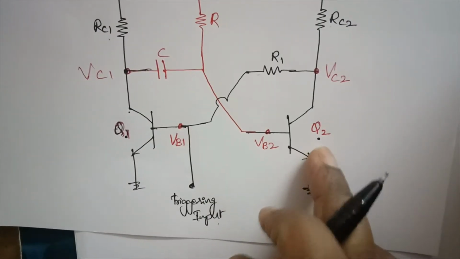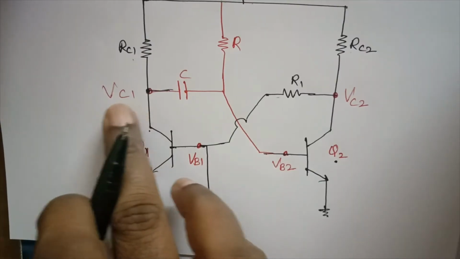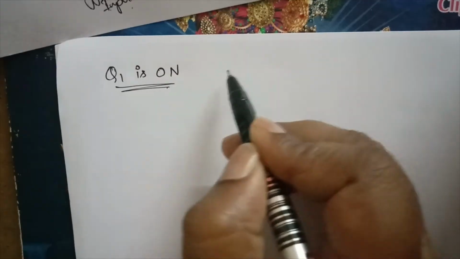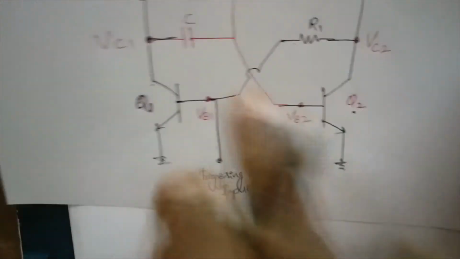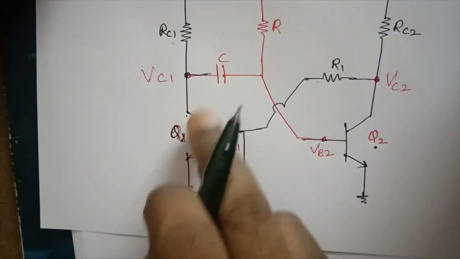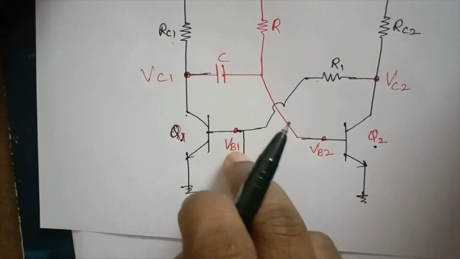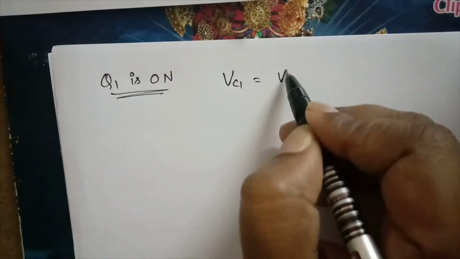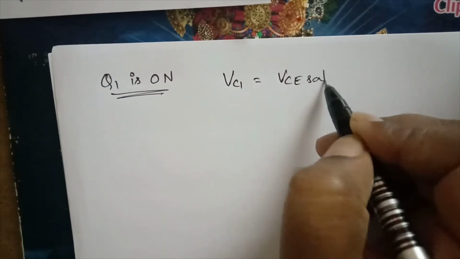Q2 is off. So when Q1 is on, what are the voltages? VC1 is not high, it is on, therefore we get the saturation voltage here. So VC1 is equal to VCE sat.